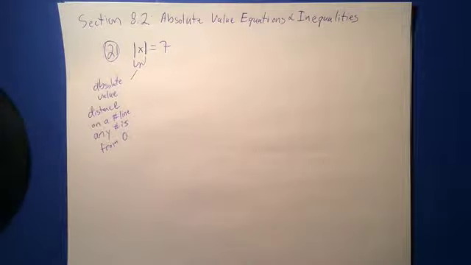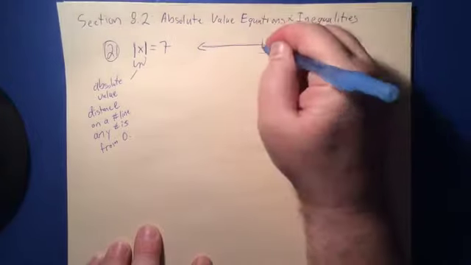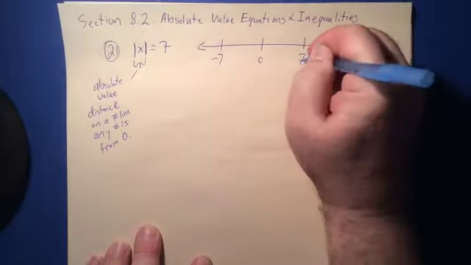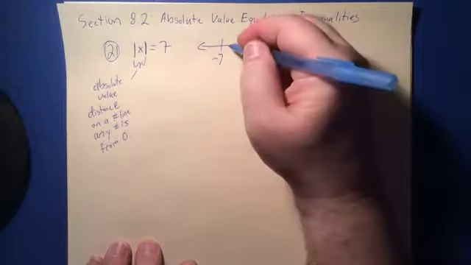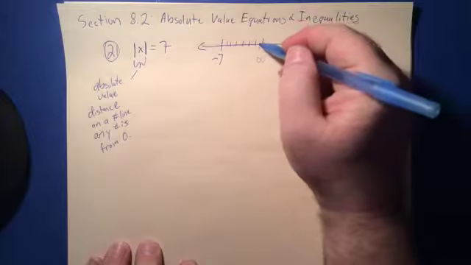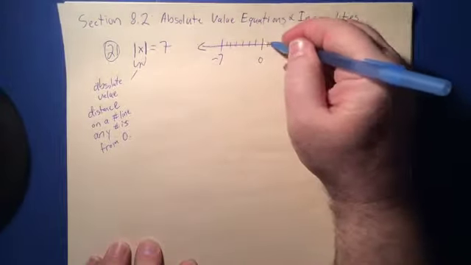If you have, let's say, 7, well, 7 is going to be 7 units away from 0. If you have negative 7 on a number line, that will also be 7 units away from 0. So just drawing a generic number line here, where we have 0, negative 7, and positive 7, if you were to count these up, this would be 1, 2, 3, 4, 5, 6, 7 units away from 0.